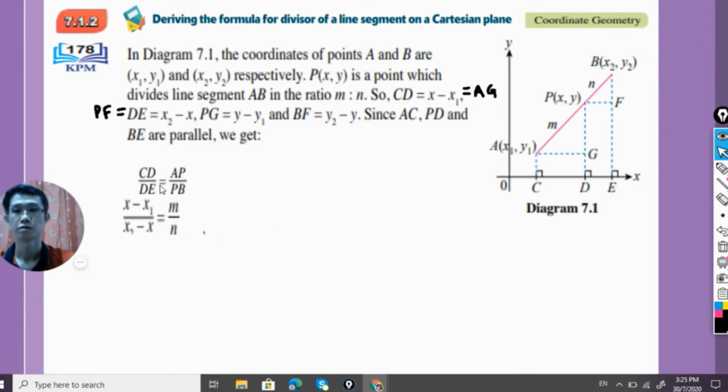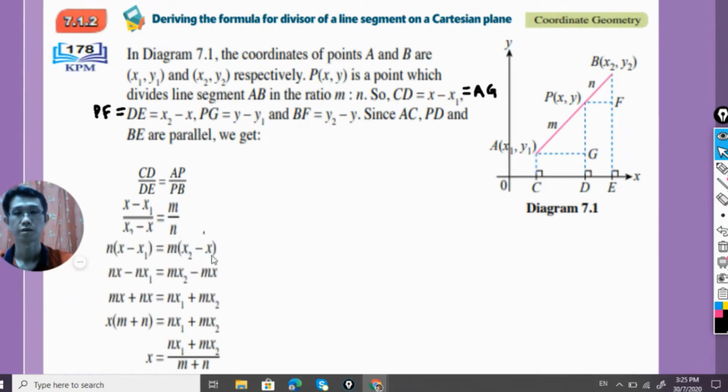So we replace it with the equivalent expression for CD over DE: x minus x1 over x2 minus x should always be equal to m over n. We simplify by moving the denominator n over to multiply with x minus x1, and x2 minus x over on the other side to multiply with the value m.